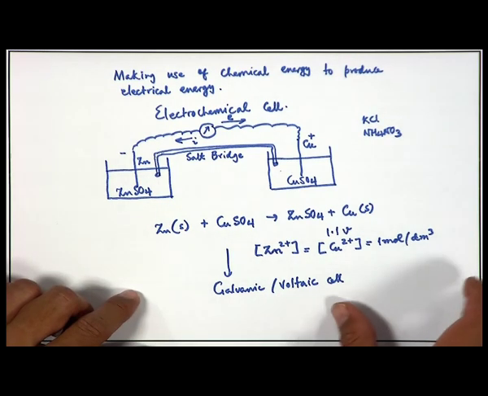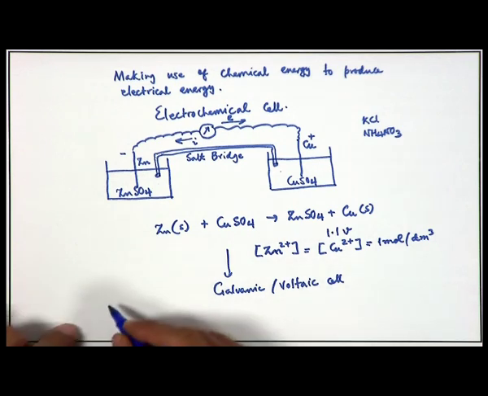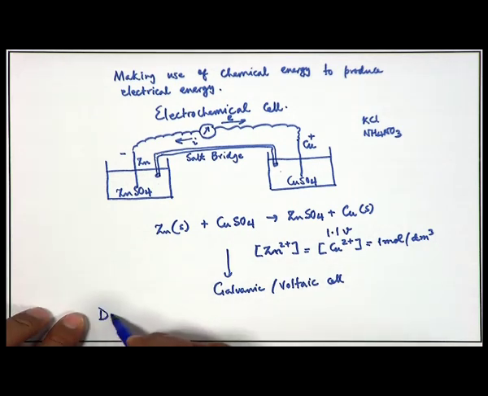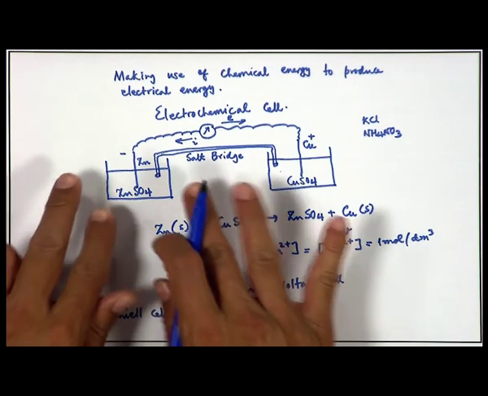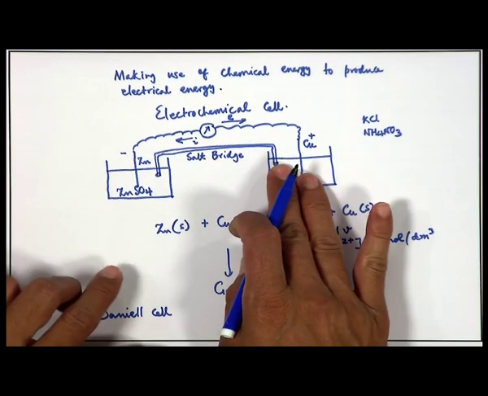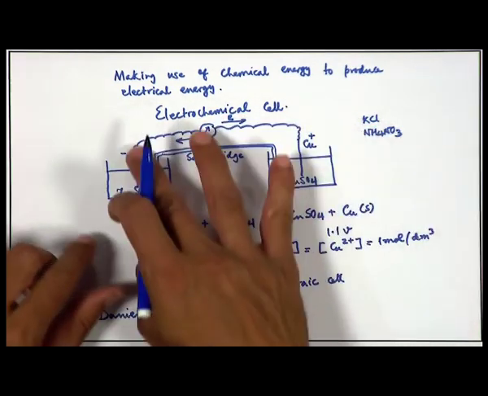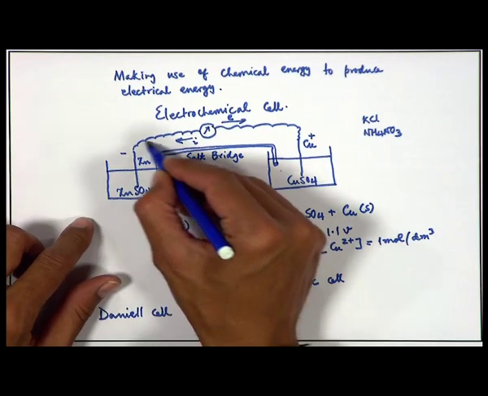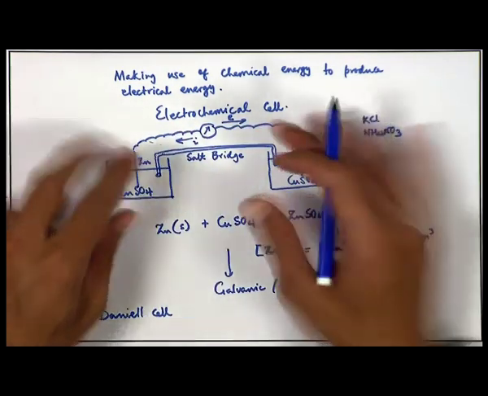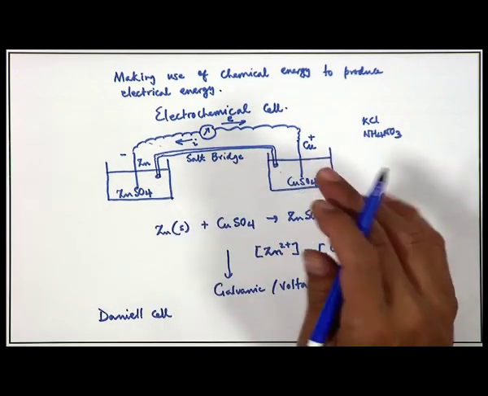So, what is exactly happening? This arrangement is called the Daniell cell. Think about this part and that part. If you combine these two, then this circuit will be completed and current will flow, so it is a complete cell. If you divide it into two, this is called one half cell, and this is called the other half cell.